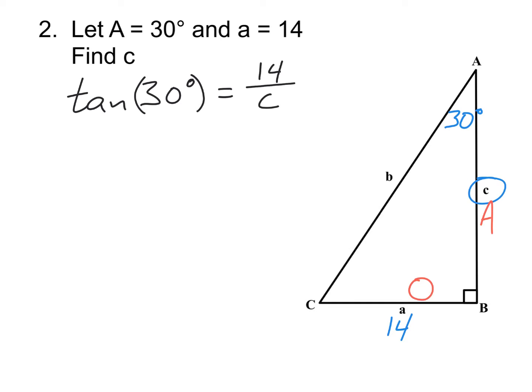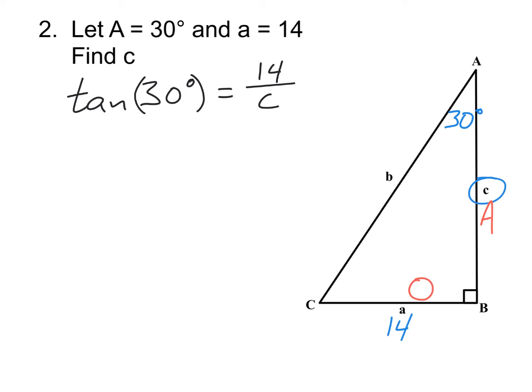All right, so now I need to figure out how to solve this for C. But this one can be a little tricky at first if we don't remember, because I cannot simply get rid of the 14 in this case. Or at least if I do, it's not going to help much, because even if I got rid of that 14, the C would still be on the bottom of the fraction. So I need to get the C out of the fraction first.